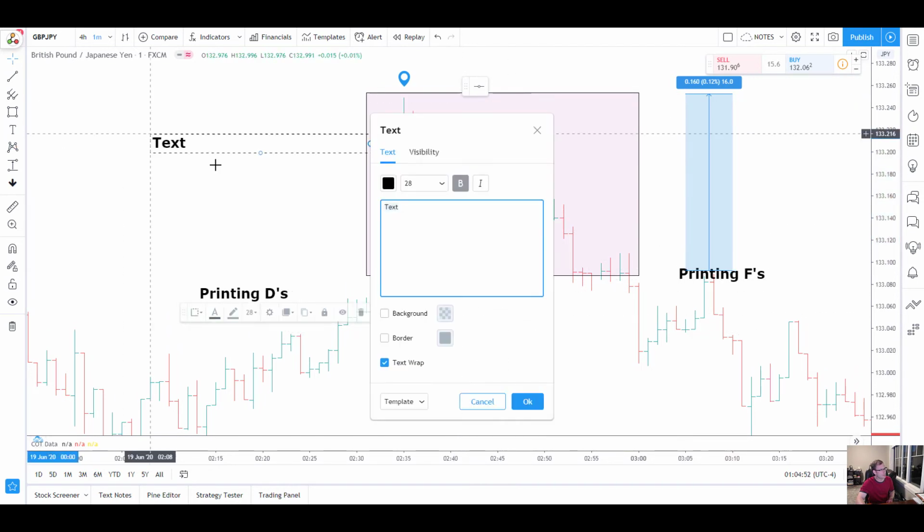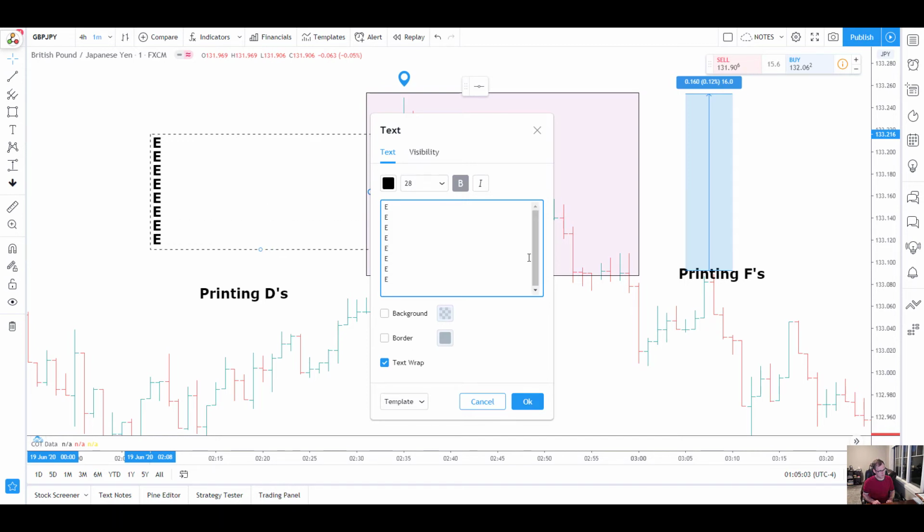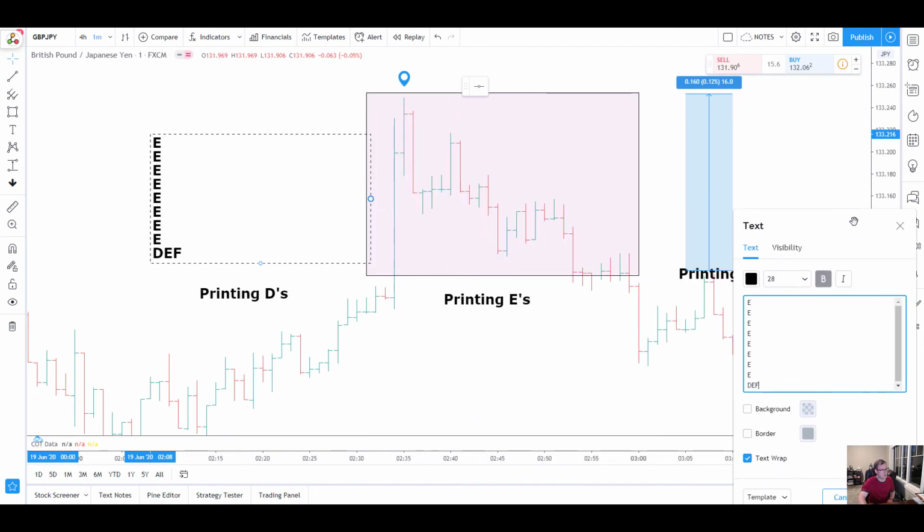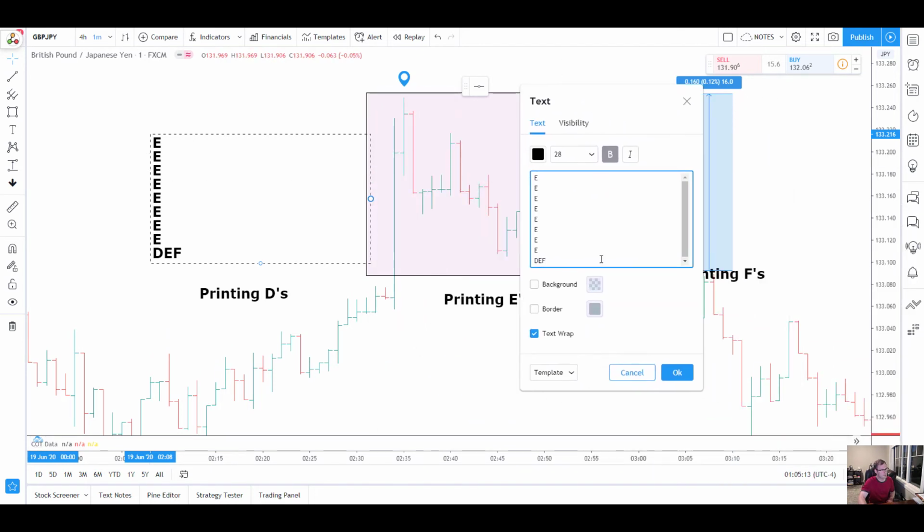So on the profile, it's going to kind of look like this, and then we're going to see D, and then I think we're going to see E's sort of there. So it might look something like this.